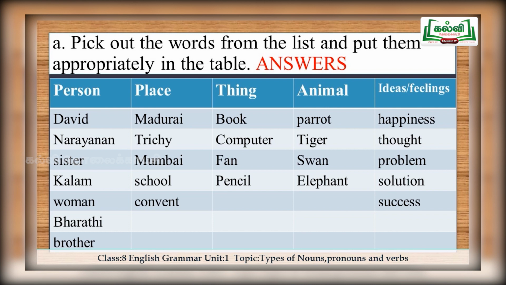Animal names are, birds also is considered as animal here: parrot, tiger, swan, elephant. And under the ideas and feelings we can categorize like happiness, thought, problem, solution and success. Let's move on to the next exercise.